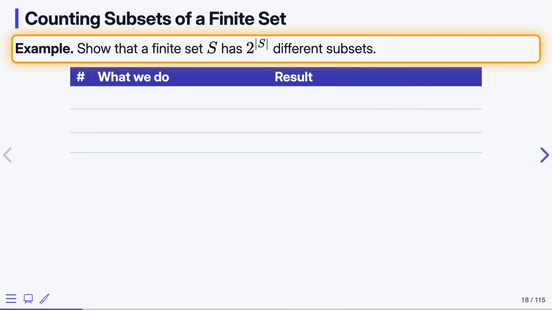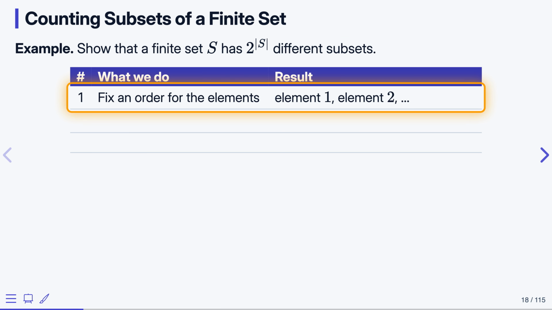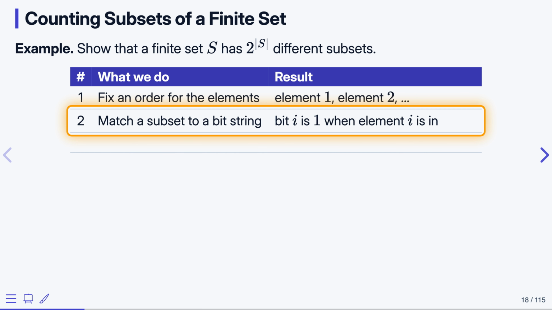Now a nice trick. We want the number of subsets of a finite set S. Step 1. Write the elements of S in some fixed order. Element 1, element 2, and so on. Step 2. Turn each subset into a bit string. Put a 1 in position i when element i is in the subset. Put a 0 when it is not.